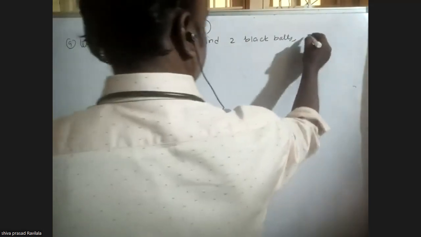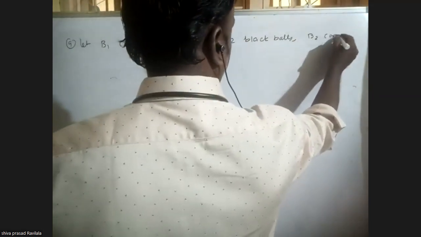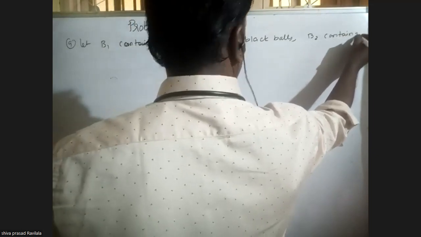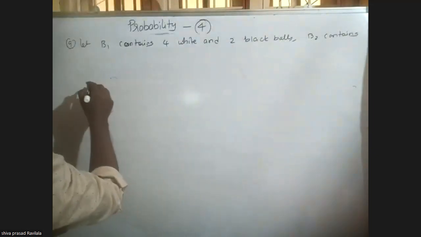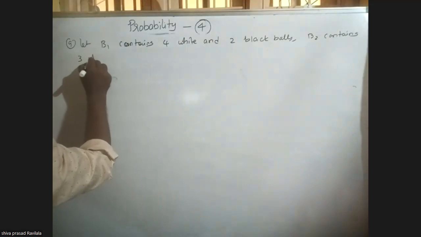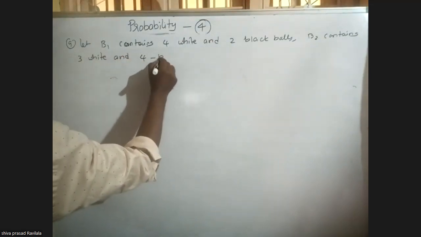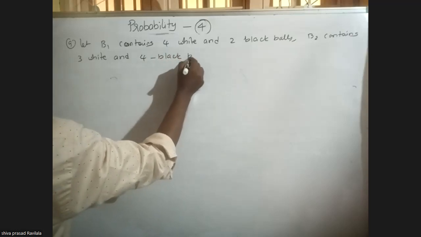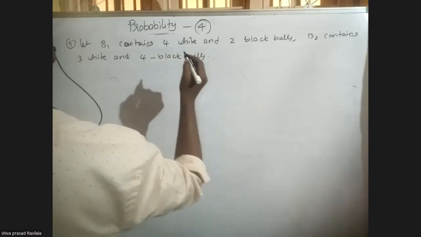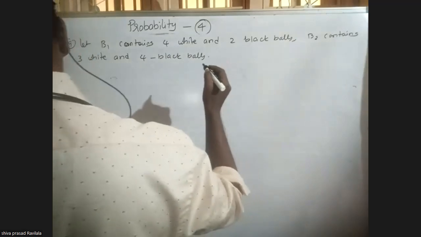B2, the second box, contains 3 white and 4 black balls.